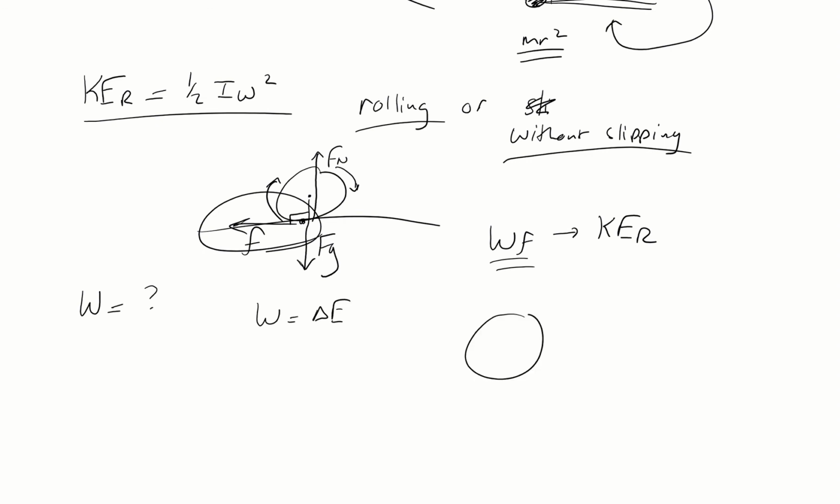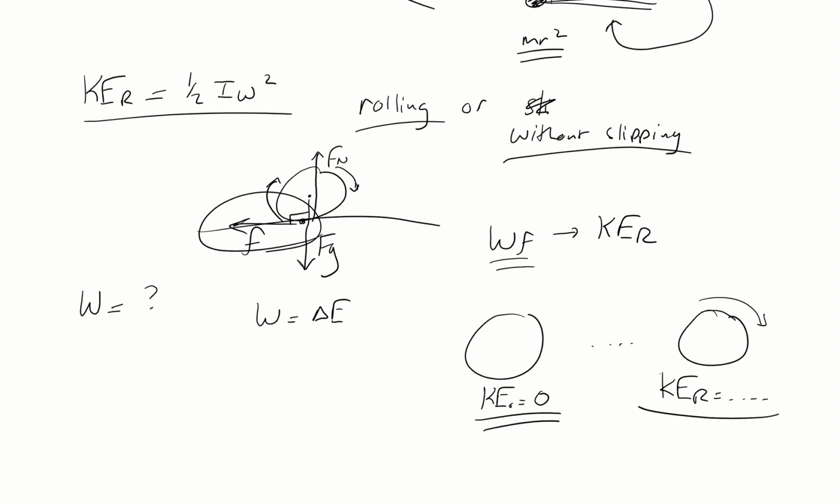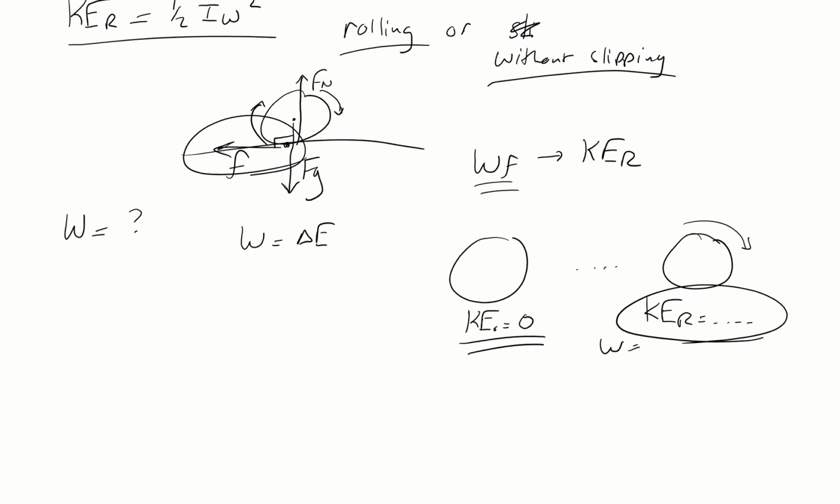If I have a merry-go-round starting at rest, and sometime later it is rotating, and I ask how much work was done on that merry-go-round, the easiest way is to find the kinetic energy beforehand, which would be 0 if it wasn't moving, and then find the rotational kinetic energy afterwards. That is how much energy it's gained, and therefore how much work has been done. Those are the types of connections we definitely need to be able to make in terms of rotational kinetic energy and work.